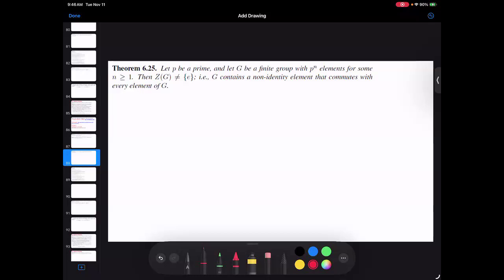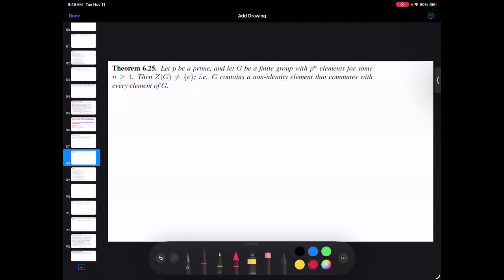If I'm telling you the center is not the identity element, what do you know about the size of the center? Yes, it's more than one. So we know that there has to be at least one other element in the center that is not the identity.